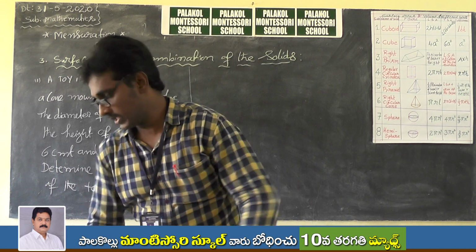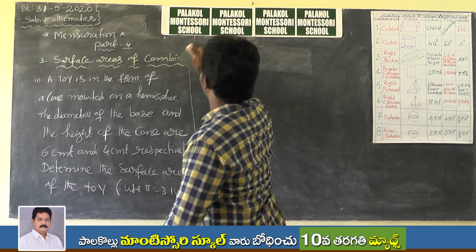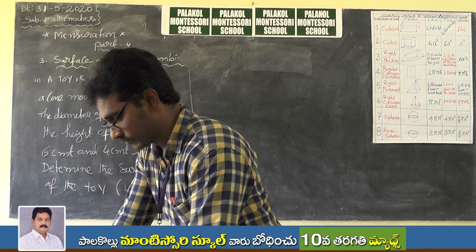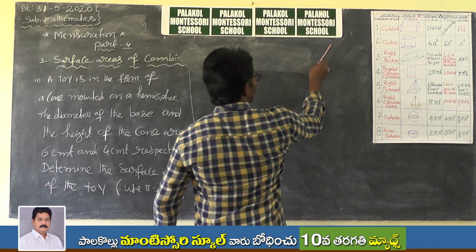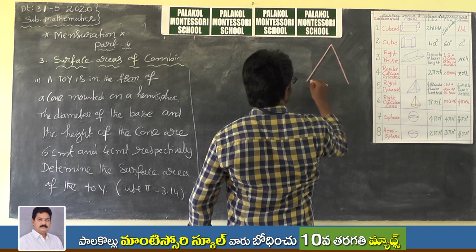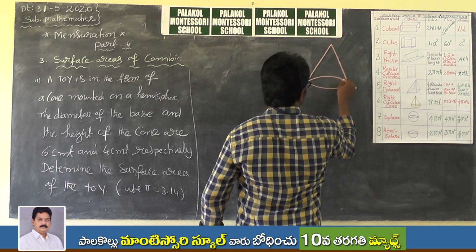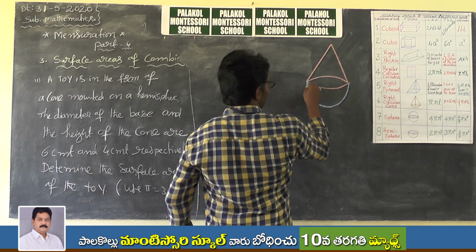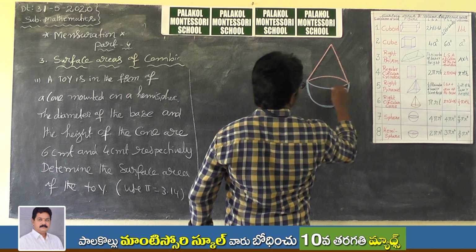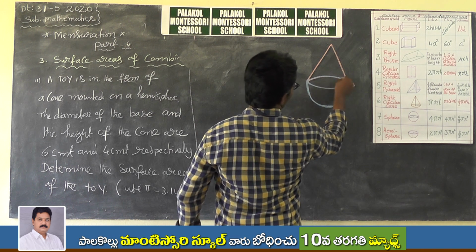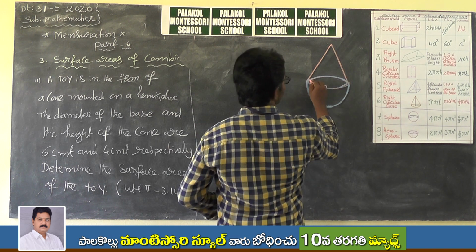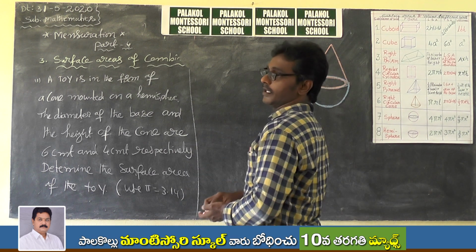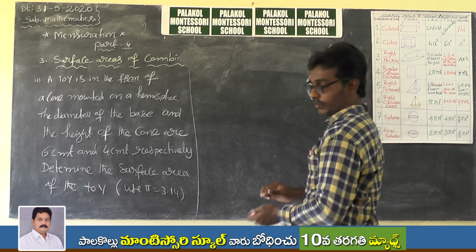Right. Now see. First, I draw a rough diagram. Here is the toy, a mixing of a hemisphere and a cone.